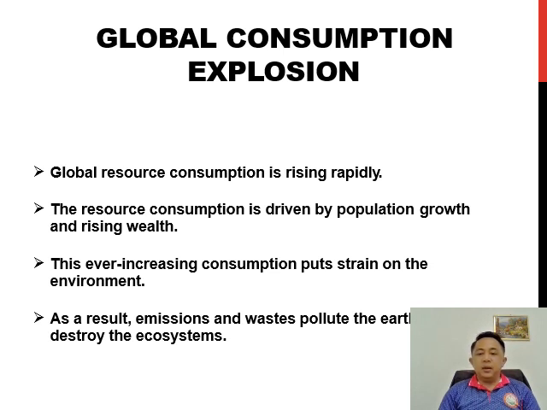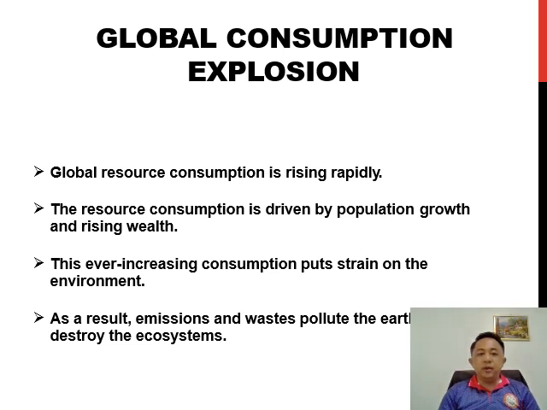If an economy becomes stable and most countries are wealthy, there will also be an increase in their needs or wants. So there will be more exploitation that will occur just to satisfy those needs or wants of a certain nation. This ever-increasing consumption puts strain on the environment.